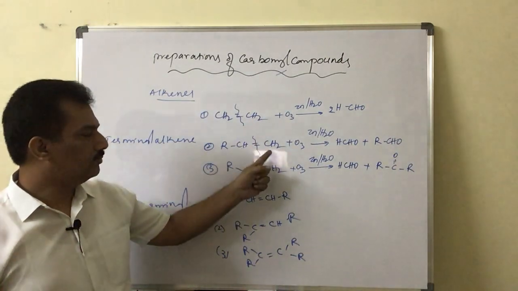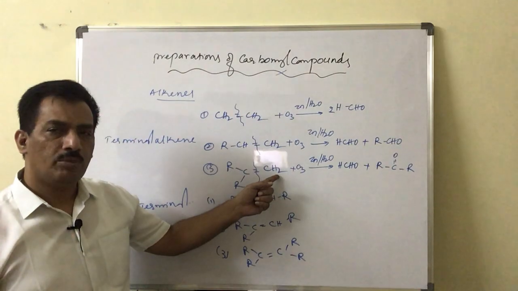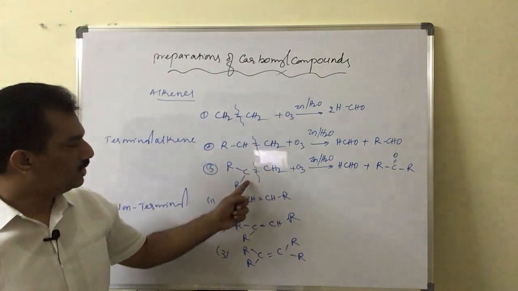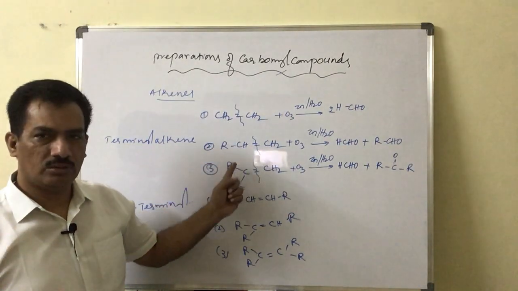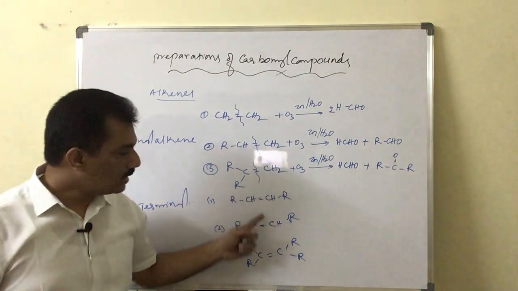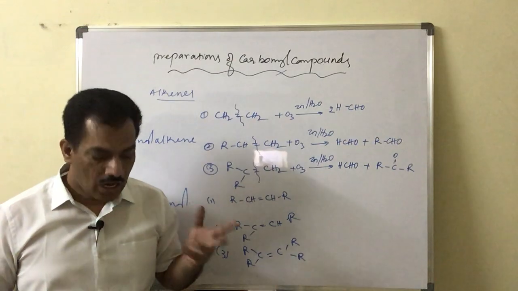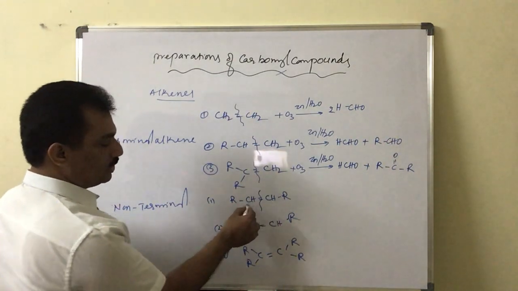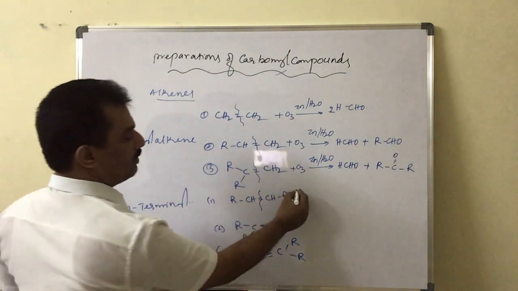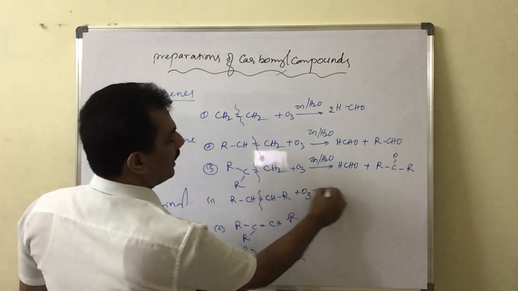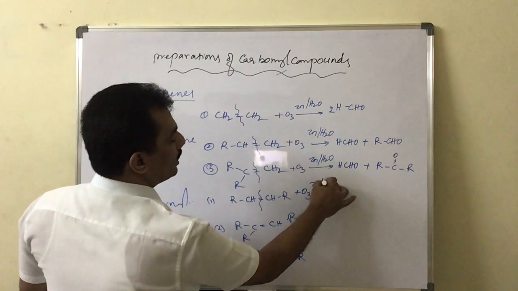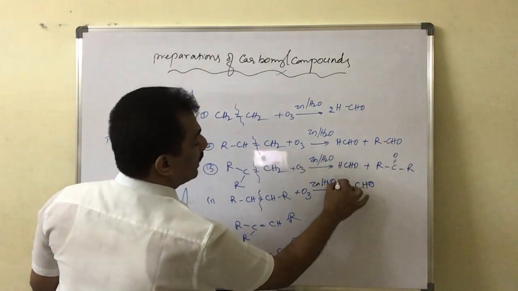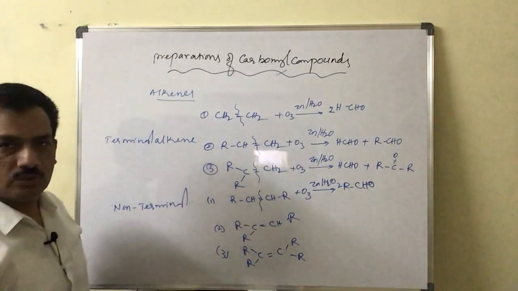If it is terminal, it automatically possesses a carbon with double bond and 2 hydrogens. On the other side, it may be 2 hydrogens, 1 hydrogen, or without hydrogen. In non-terminal, there is no carbon with 2 hydrogens. Here, both the double bonded carbons have 1 hydrogen, so it forms aldehydes other than formaldehyde in this reductive ozonolysis.